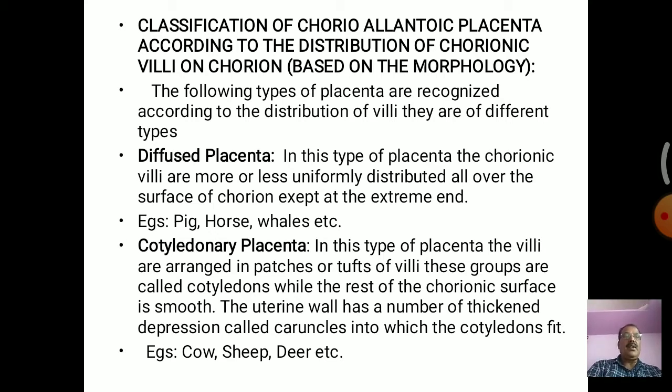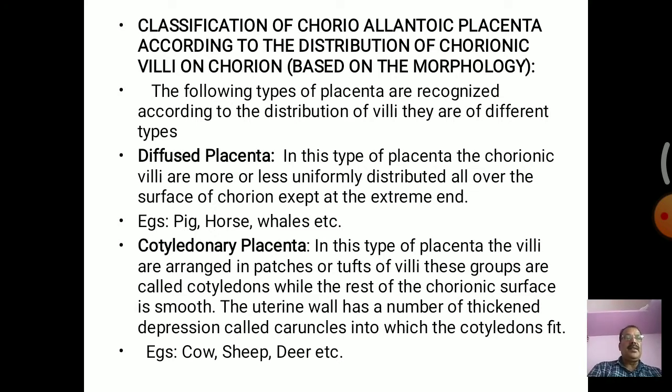Second one is a cotyledonary placenta. In this type of placenta, the villi are arranged in patches or tufts of villi. These groups are called cotyledons. While the rest of the chorionic surface is smooth, the uterine wall has a number of thickened depressions called caruncles into which the cotyledons fit.